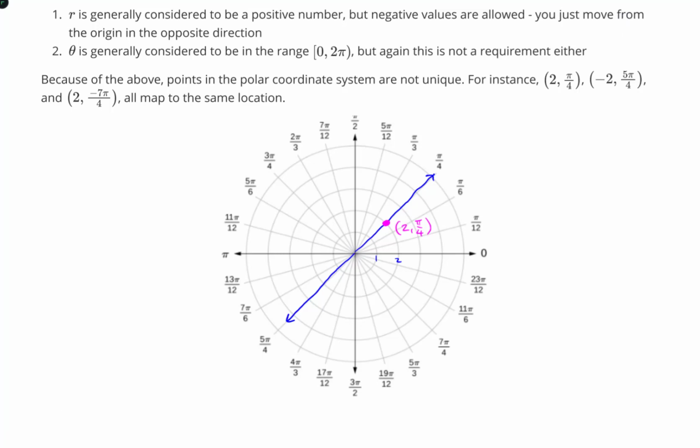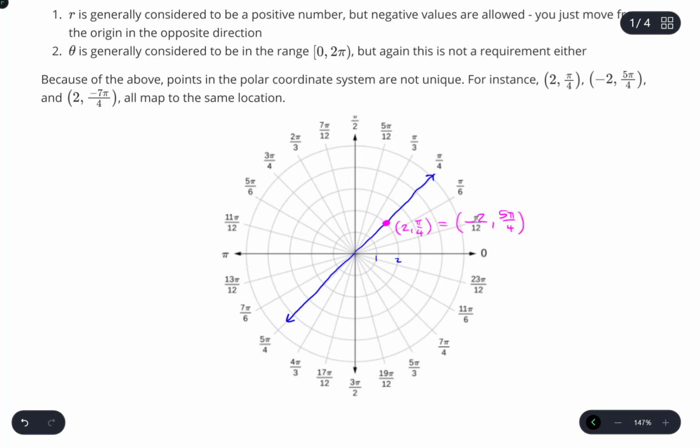So this is also the point negative 2 and 5 pi over 4. So as you can see, there's more than a single representation for each of these points. If you make the restriction that all your angles are between 0 and 2 pi, and you have positive r values, they're of course unique. But if you take that away, you can have multiple representations of the same point.